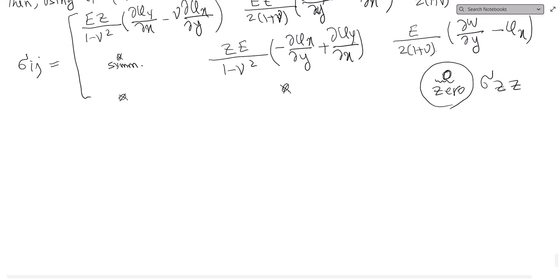Now, there is some manipulation here that I will write and then explain as we go forward to save some time. This is the same as the treatment that we had.